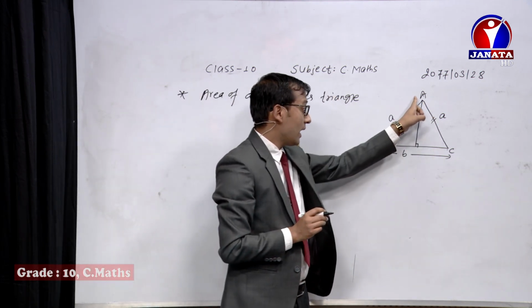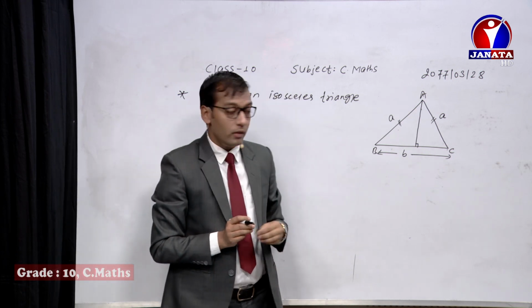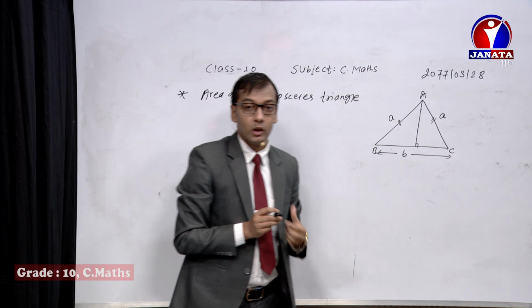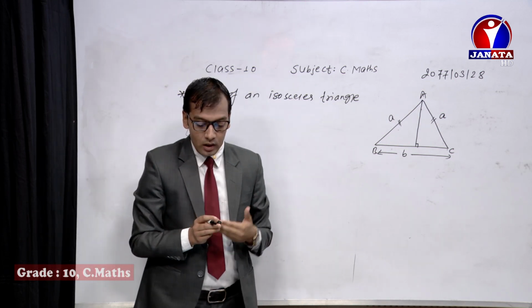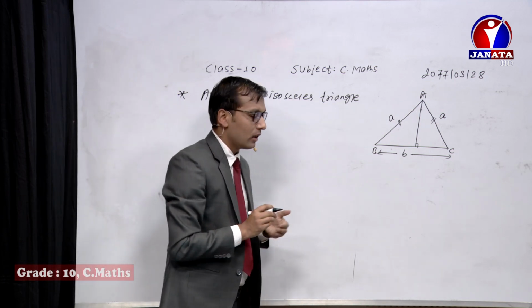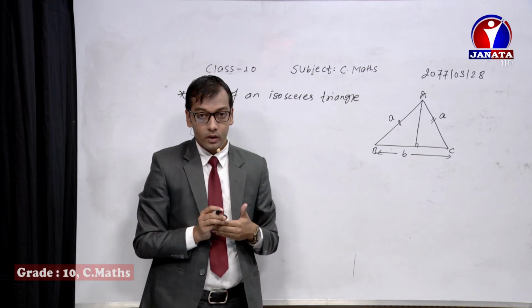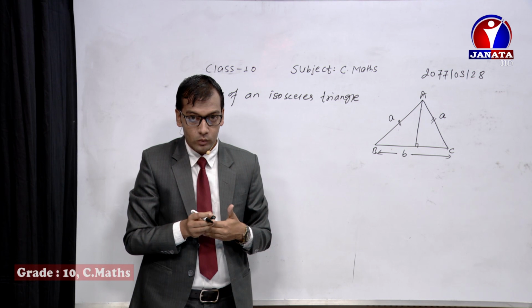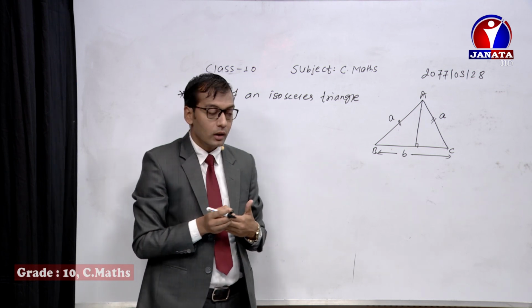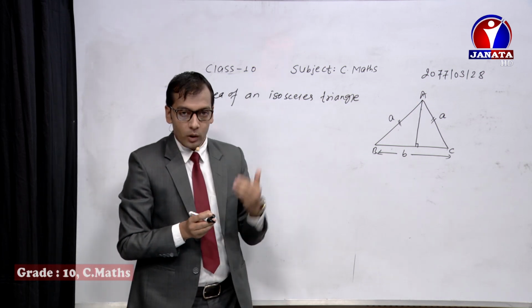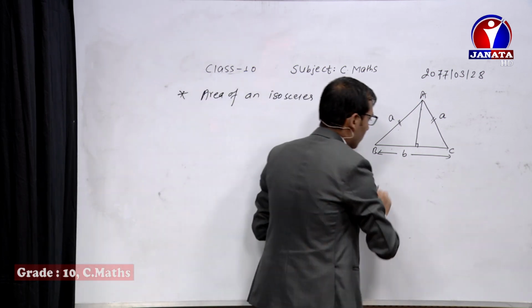Here the vertical angle is A. The bisector of the vertical angle of an isosceles triangle is the perpendicular bisector of the base. This is again one property of an isosceles triangle. If it bisects the vertical angle A, then the perpendicular bisects the base.